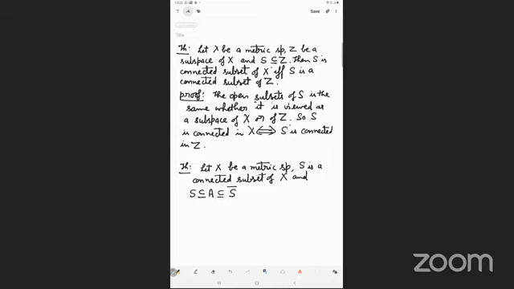S is a subset of A and A is a subset of S closure. Then A is connected.